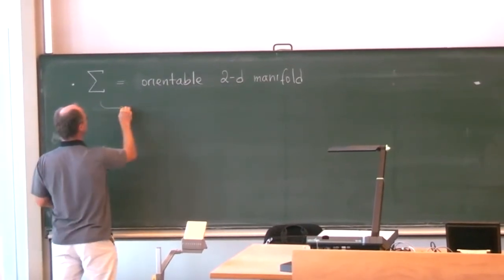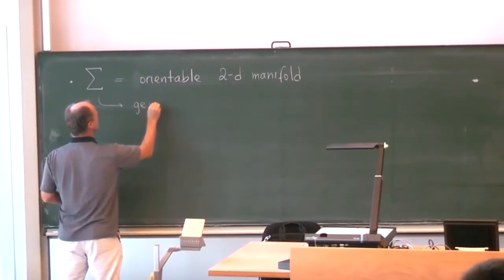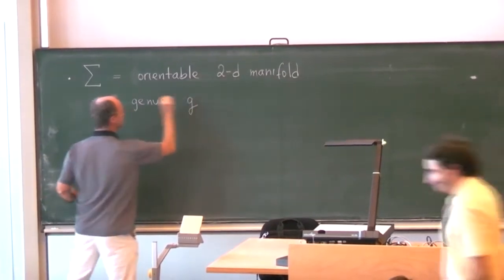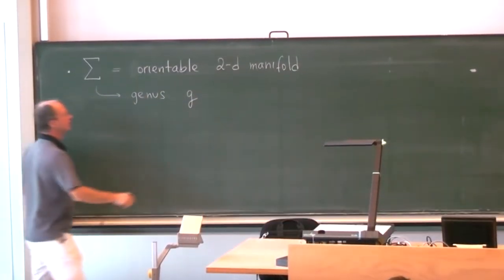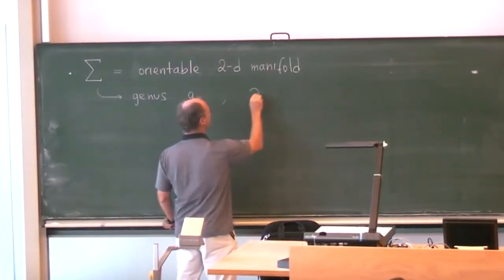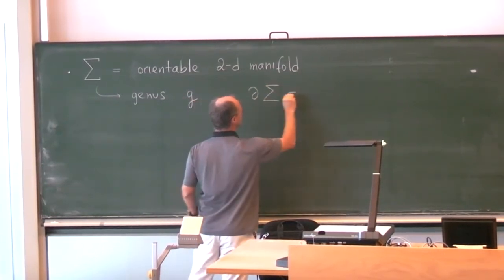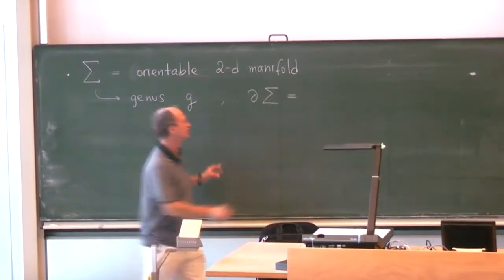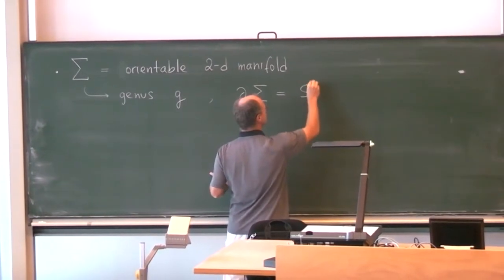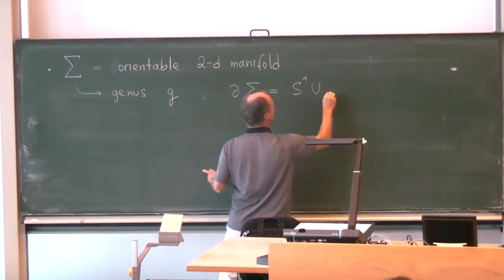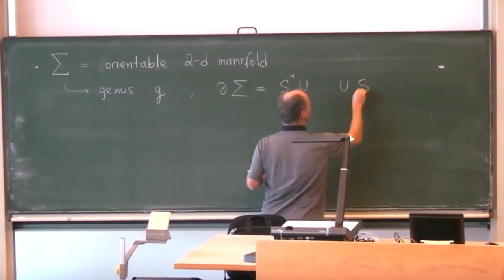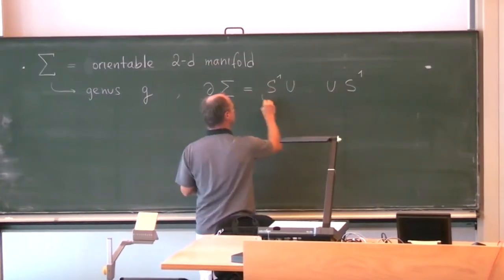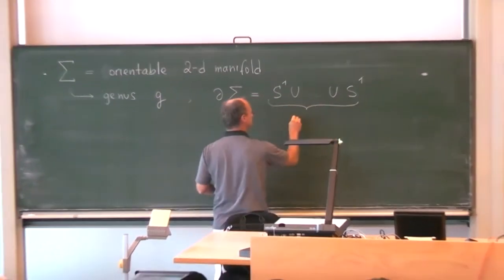On the one hand, there will be genus, which we denote by G, and in general the boundary might be empty, or if it's not empty, there will be a union of several copies of a circle.